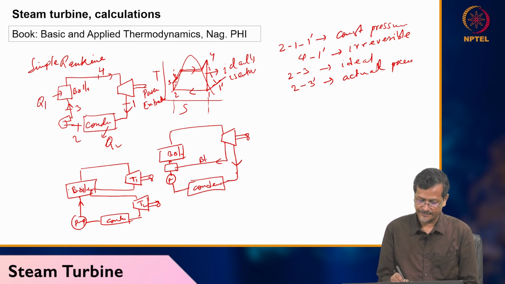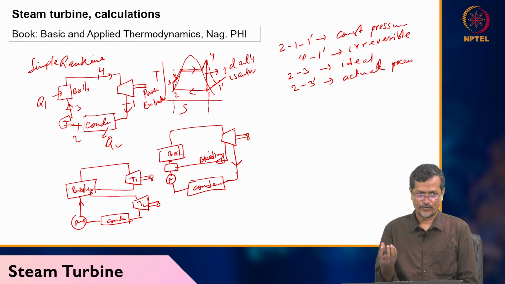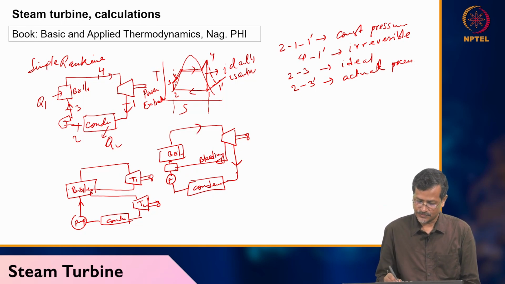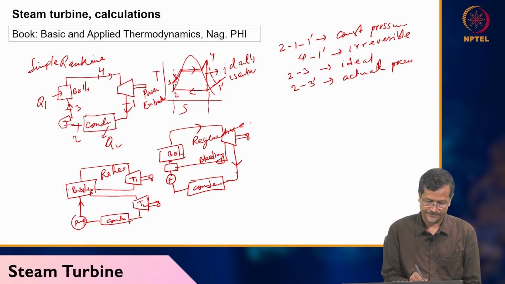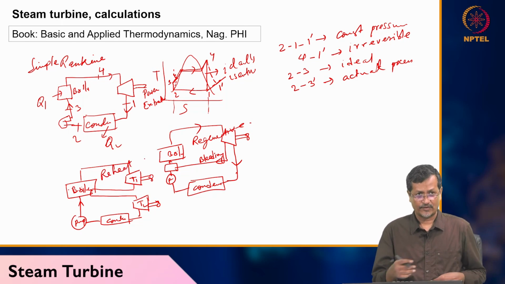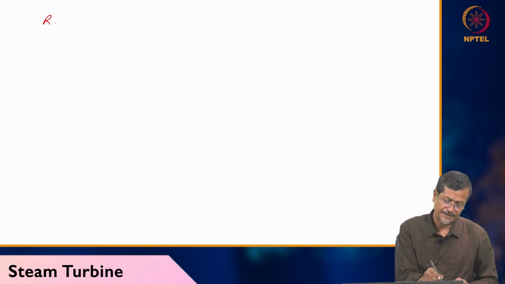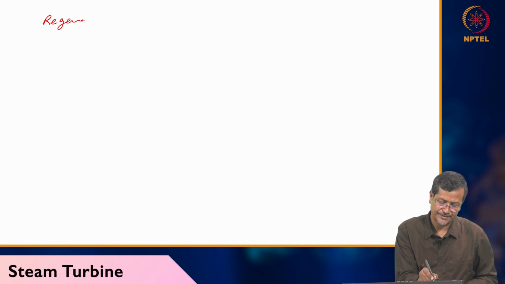This is bleed, they call it bleeding. Some small amount of steam they take and put after the pump, so the temperature will go up. So the boiler will give less heat because already you got some heat from your turbine. This is called the regenerative system, and this is called the reheat system. You may have a complex regenerative plus reheating system also. So if I have regenerative and reheat, how will it look like? Regenerative.